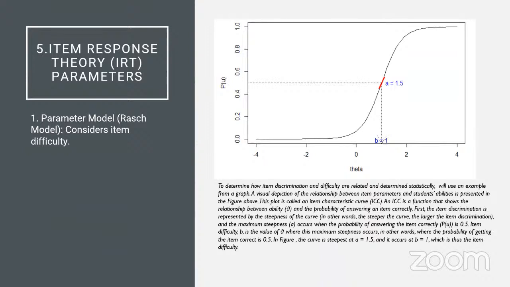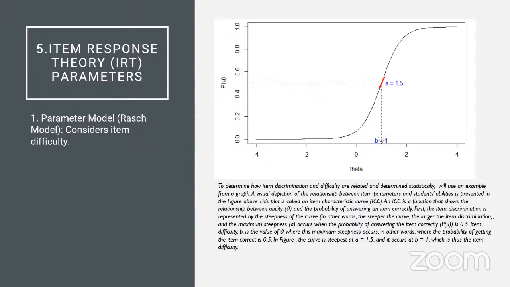So this is the Rasch model. There are different item response theory models. That is the one parameter model. It considers only the item difficulty. So here again, you will find theta that indicates basically ability level. And P is the probability level.